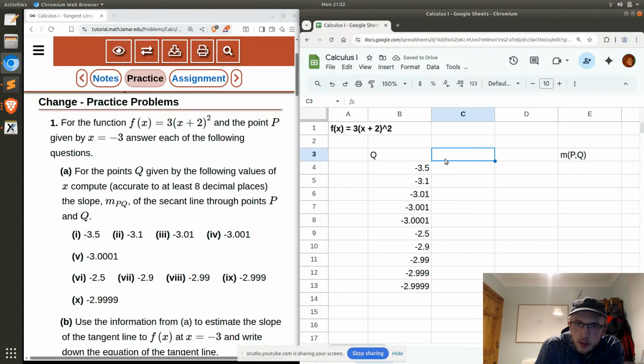Right, how am I going to do this? Yes, I'll lay it out like this.